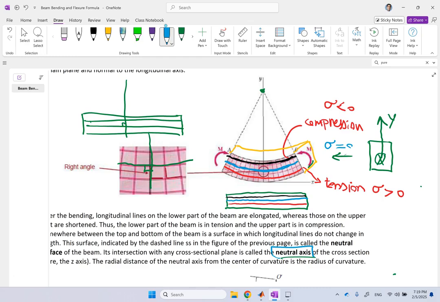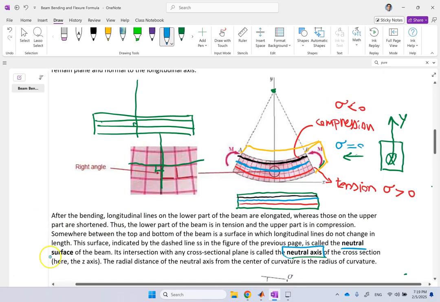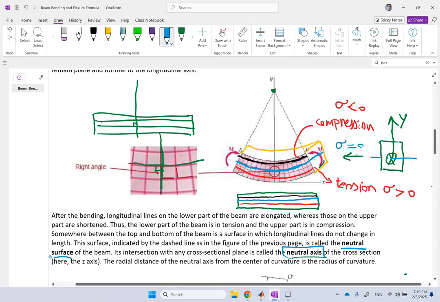And that is what we call neutral surface. So the neutral axis, you can see it along the beam, and because it's a part of a surface, you can also see it on the cross section.